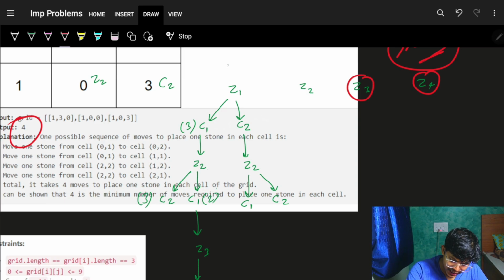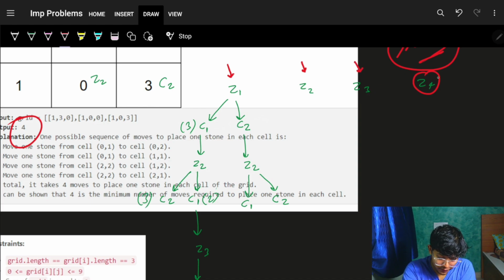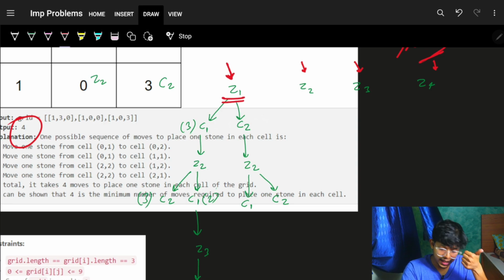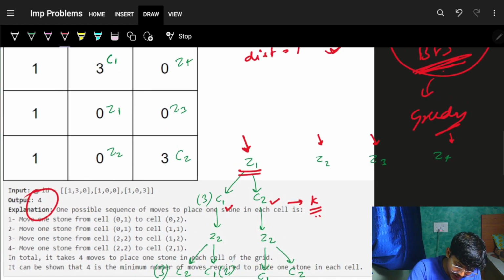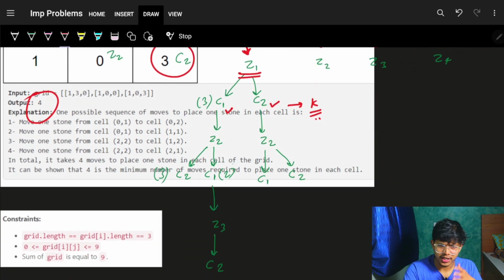The prime fact is that I have to go to every one of these zero cells, and as I go to any one of them, I have multiple options, or you can say k options, where k counts the cells having more than one stone. I have these k options to get my work done.